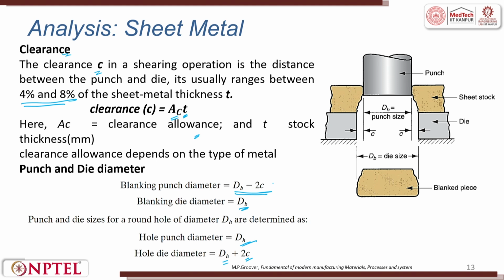Please make a note of what it is for a blank and what it is for a punch. In the examination, you can be asked a problem based on this. So, the blanking punch diameter will be die size minus 2c, whereas for the hole, the die size will be the diameter of the hole plus 2c.